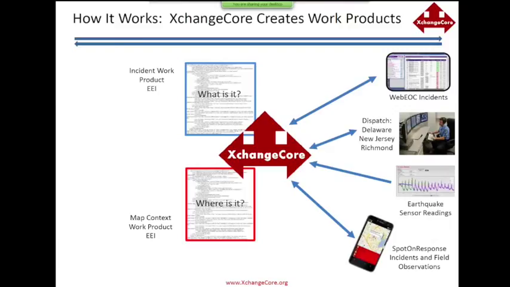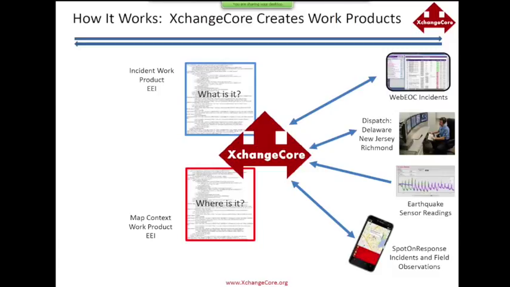It also automatically creates a map context work product, which answers the essential element of information, the EEI, where is it? This represents two different standards that we have here. The first one, the incident work product, is built around the NIEM incident standard.